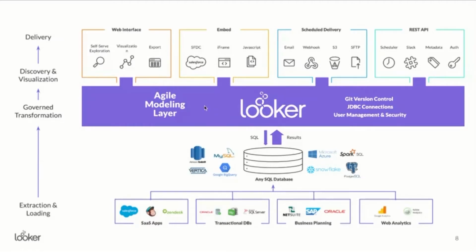You can view this purple bar as that governance layer where we've defined the metrics, the logic of the business. As an end user, I can log in wherever I have access to internet. I see my dashboards, I see my reports. I start creating my own reports if I want to. And as I'm essentially dragging and dropping in Looker, it's passing through Looker. Looker's understanding the analysis I'm trying to run.